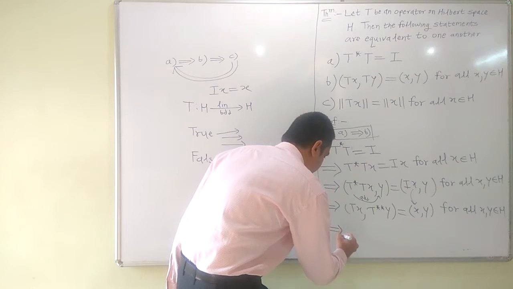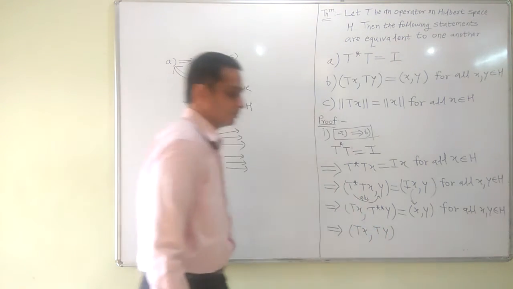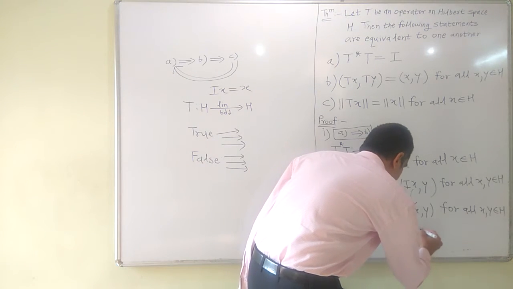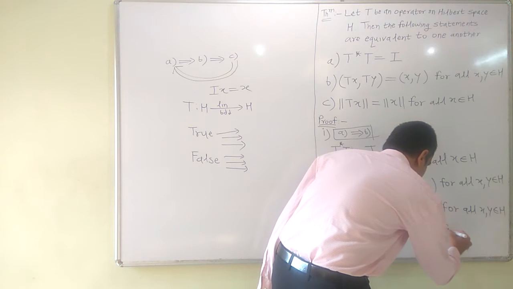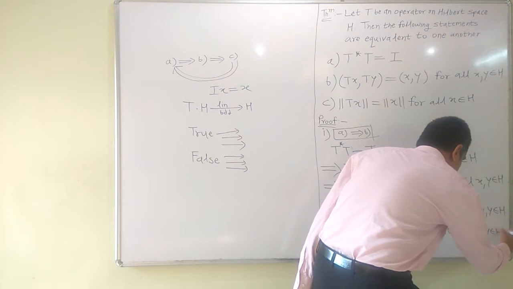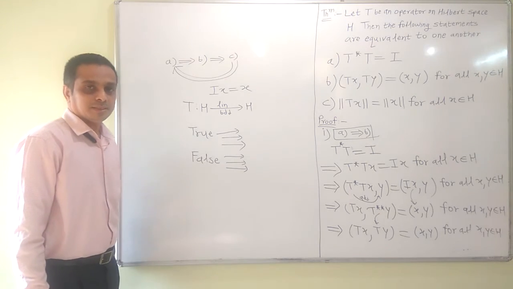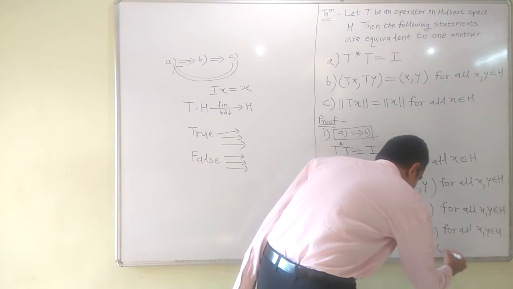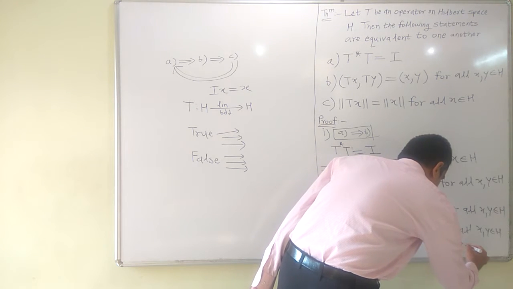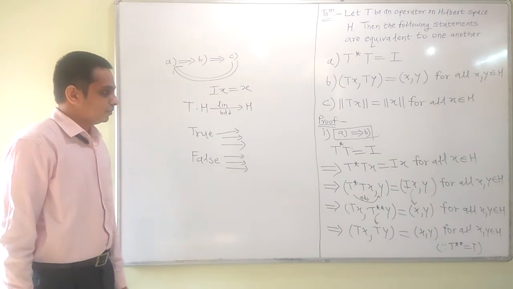This implies that inner product of Tx and Ty equals inner product of x and y, because T star star equals T. The reason for this step is that T star star equals T. And this is what we wanted to prove.